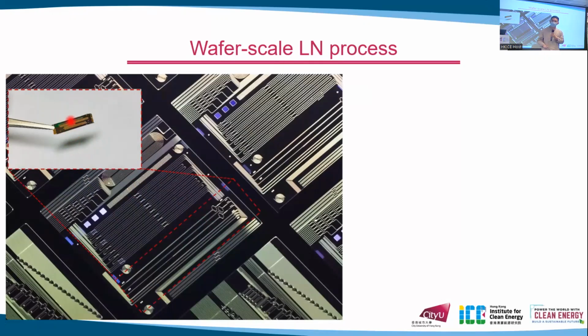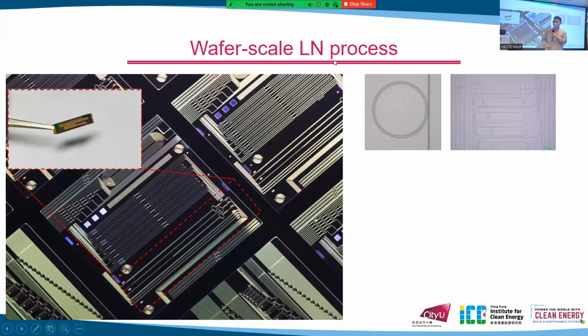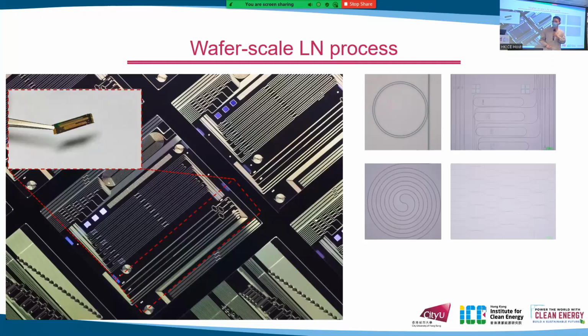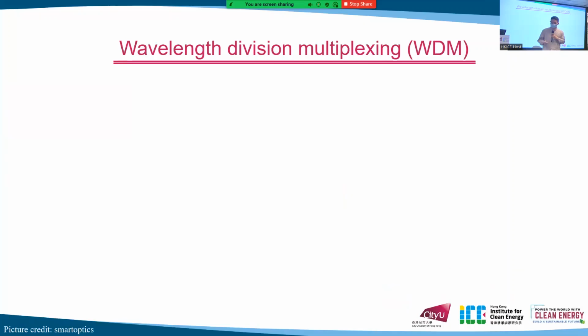Except for the modulator, we can also fabricate other structures such as the micro ring and the micro racetrack, delay line and directional coupler array. Our work shows that a very low loss across the whole wafer can be achieved, and also 6-inch wafers are ready. So based on this fabrication process, now we can do something about data links at CTU.